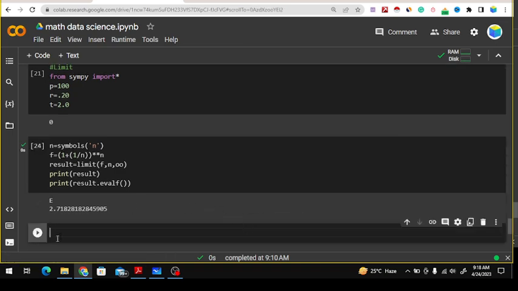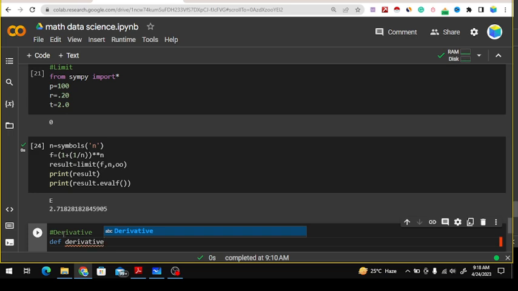So, how do we derive? We write def derivative_x, just creating this function derivative_x with f, x, and step_size.